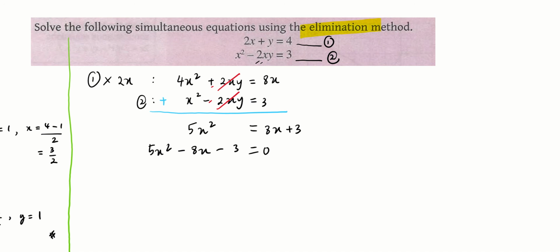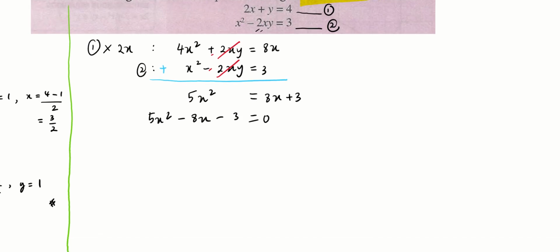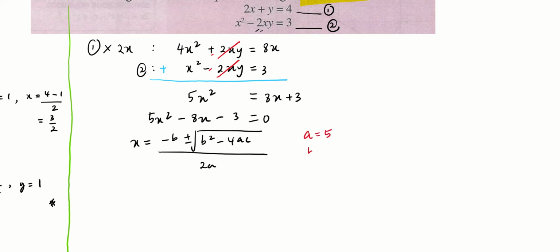I'm going to choose the formula, the shortcut one. So the formula is given as x equals negative b plus minus square root of b squared minus 4ac, all over 2a. By listing down, my a is 5, b is -8, c equals -3.